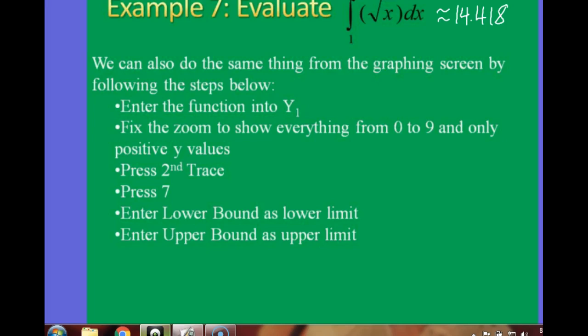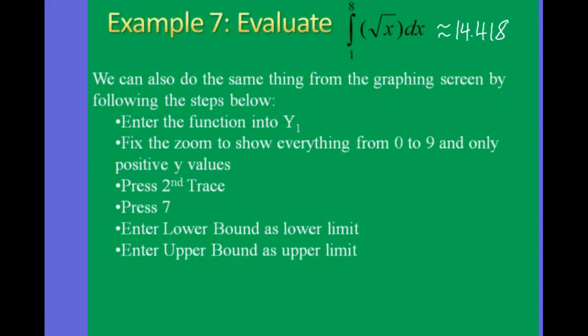So this is on the graph. I do want to actually look at this one because I think this is really cool. What I want you to do is go to y equals. What you're going to do in y equals is type that equation in y1.